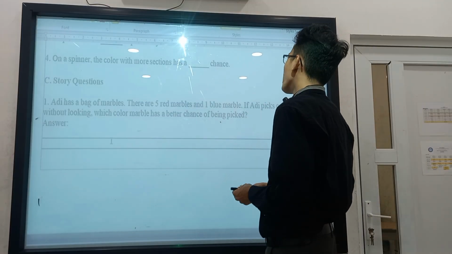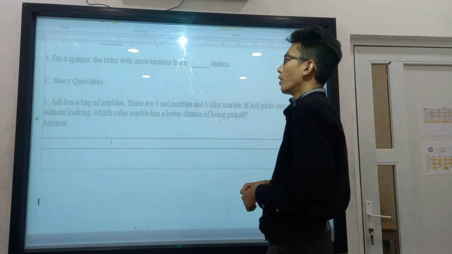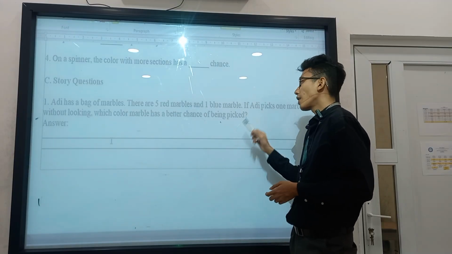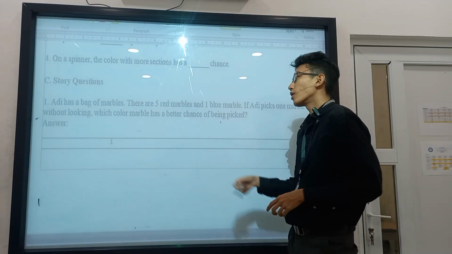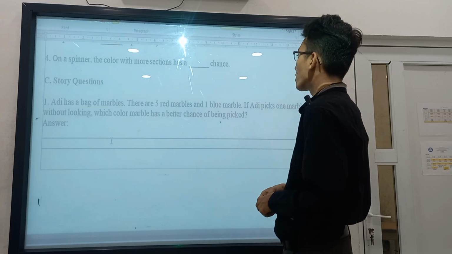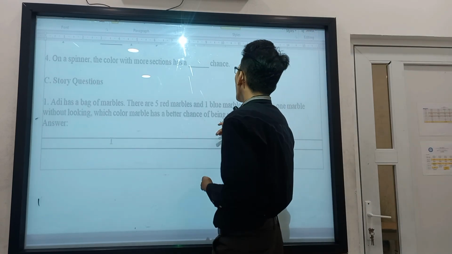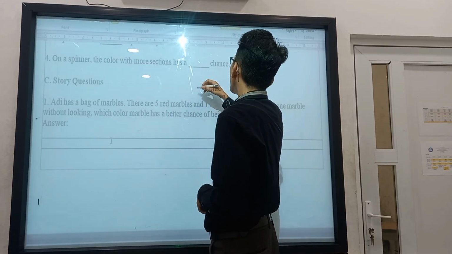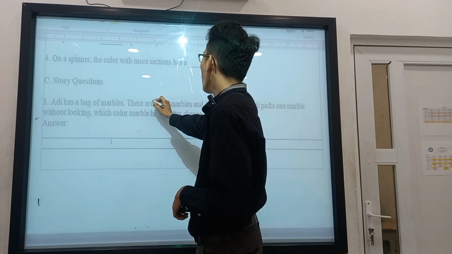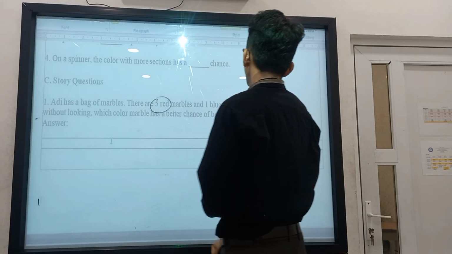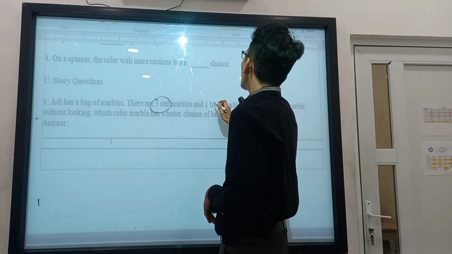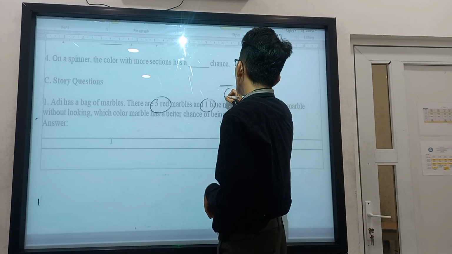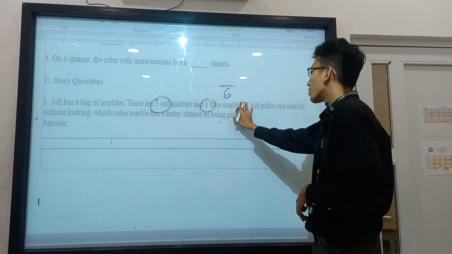Although in the book we are not learning about the possibility as a fraction, while you still use likely, unlikely, good chance, even chance. But I want you to know, how many marbles are in the bag? 5 and 1. So it will be represented with 6 marbles.